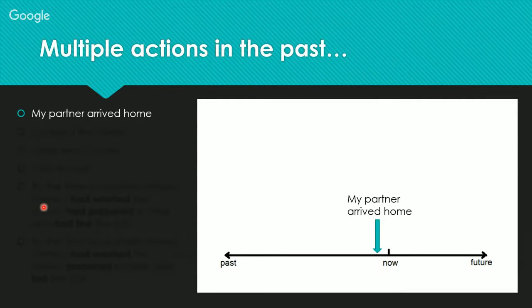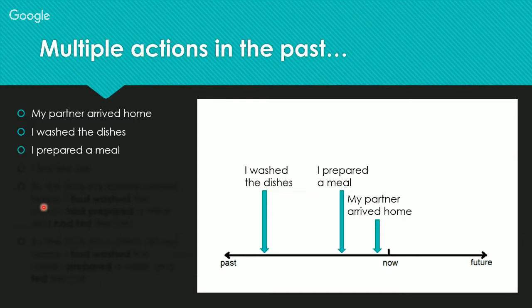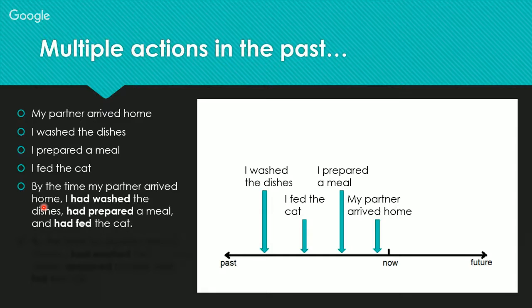So my partner arrived home, and before that, I washed the dishes, I prepared a meal, and I fed the cat. Using the past perfect, we use the same construction again. By the time my partner arrived home, I had washed the dishes, I had prepared a meal, and I had fed the cat.